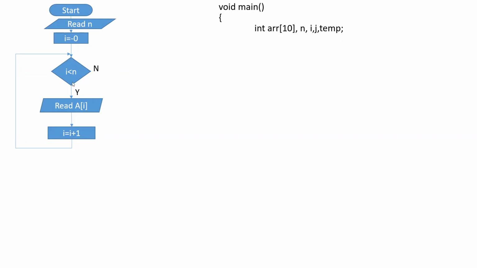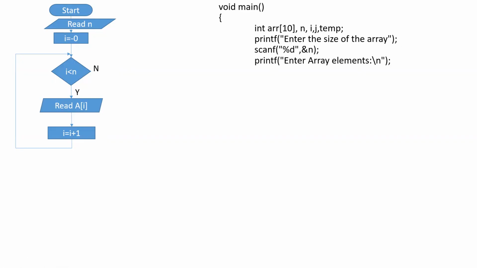Now go to the reading part. First we have to read the size of the array. Printf, enter the size of the array. Scanf %d ampersand n. Now go for reading the array elements. Printf, enter array elements.